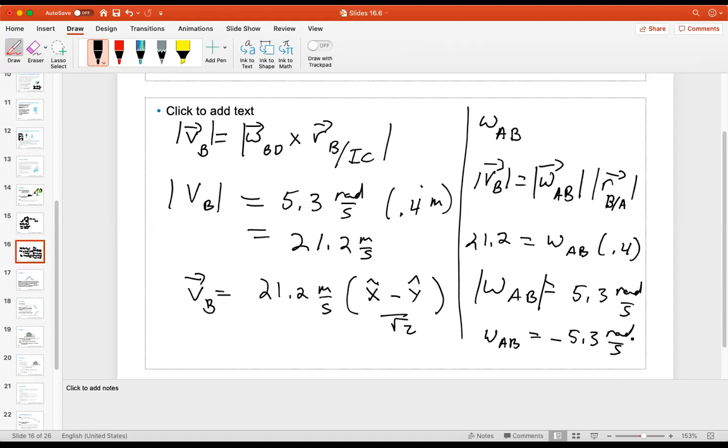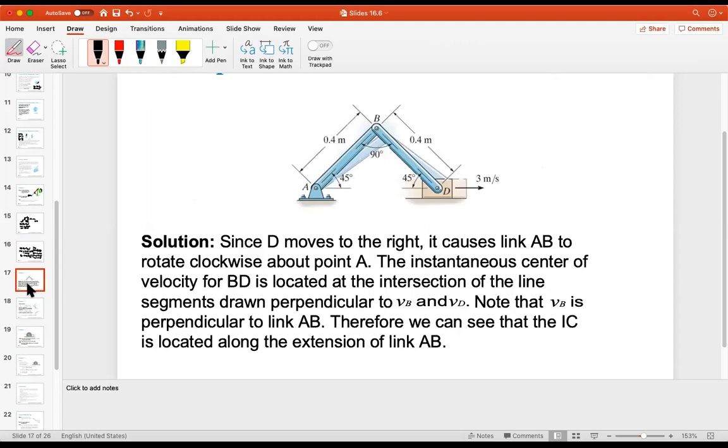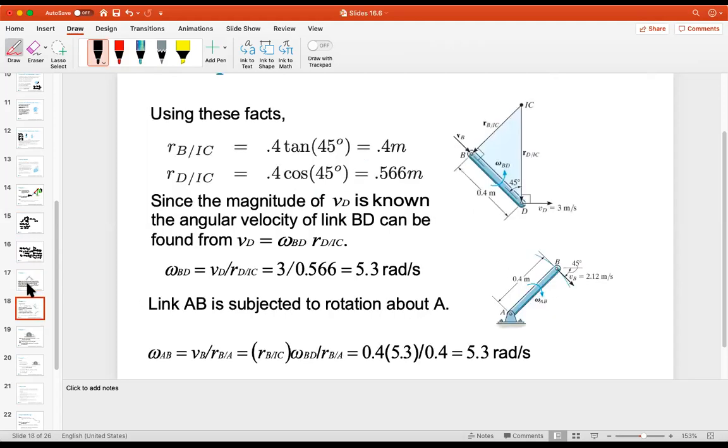There you go. So that is an example using instantaneous centers of motion twice, and tying the pieces together to analyze a link system. You'll notice, as is pretty typical, these problems are pretty sloppy about clockwise and counterclockwise.